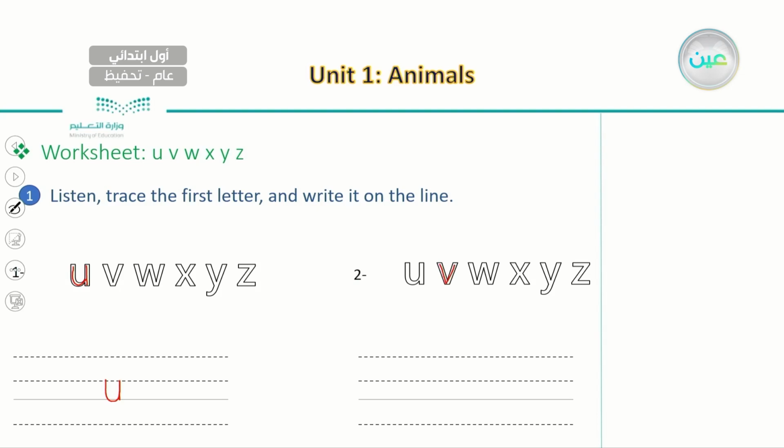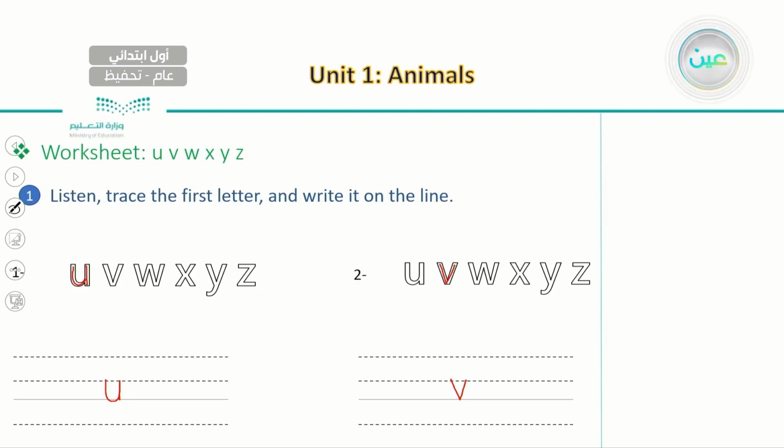After we trace, maybe color letter V, we go here on the line and write it. So here you go, we write the letter V.